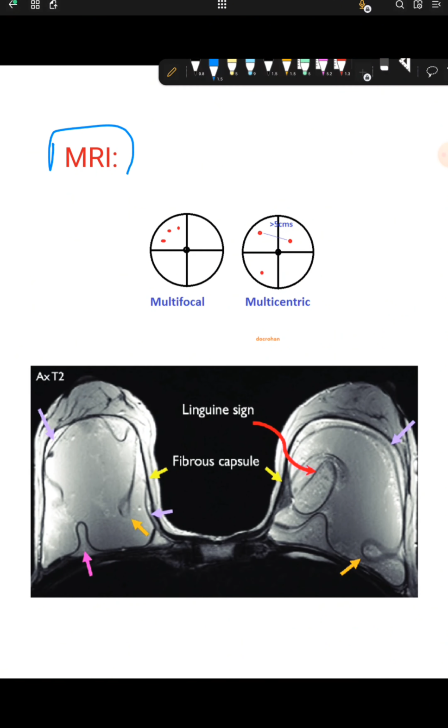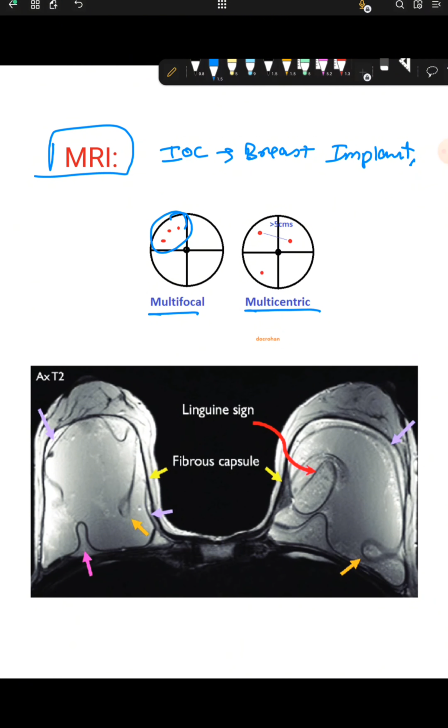Talk about the MRI. About MRI, there is an indication that it is the investigation of choice in breast implants. In this condition, what we are going to see is the difference between multifocal and multicentric, right? So what is multifocal?